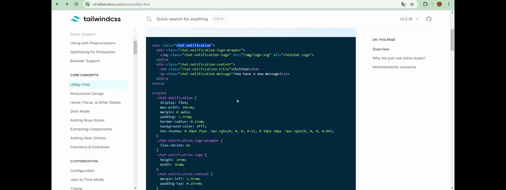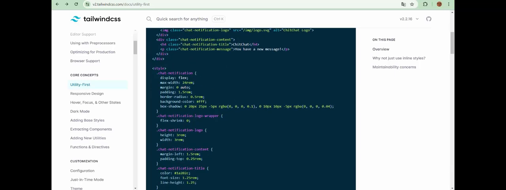Behind that name is a style. Here is the class, and in curly brackets we have the style: display, max width, margin, etc.